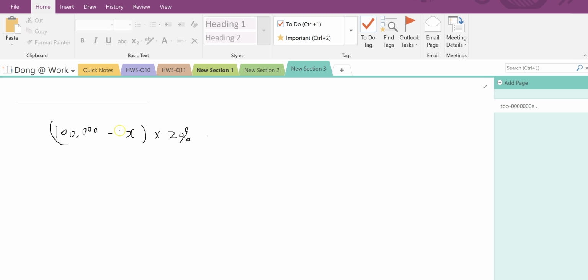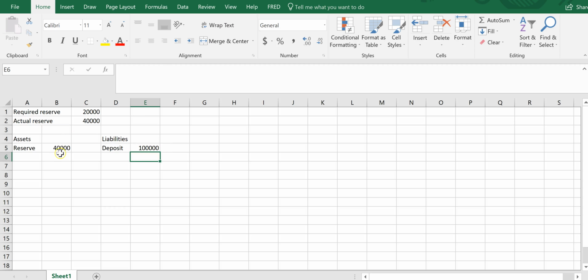Given that this is the maximum deposit outflow, the required reserves based on the checkable deposits multiplied by the reserve ratio will have to be equal to the reserves on the left-hand side.